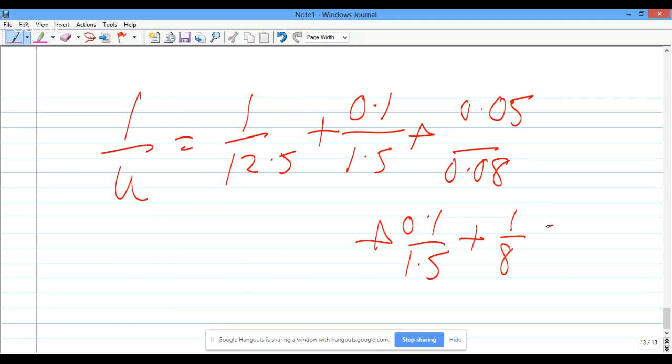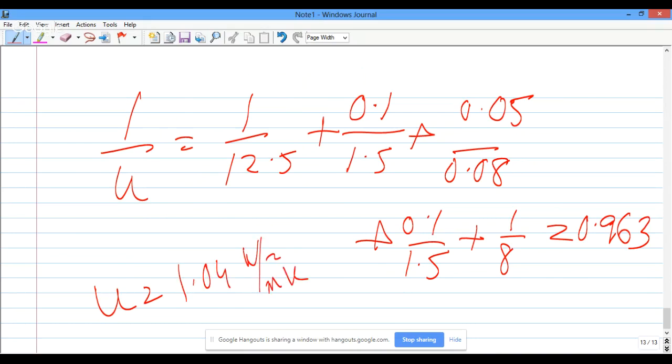And that's equal to how much? That's equal to 0.963. Therefore, what is the U? U is equal to 1.04 watt per meter square Kelvin.